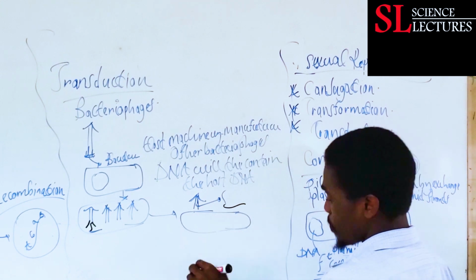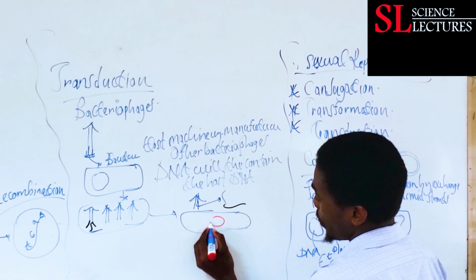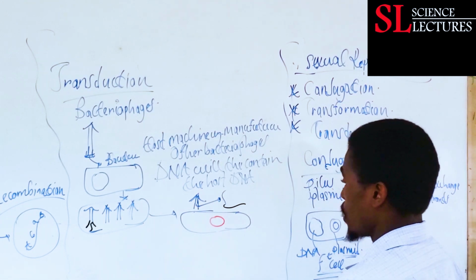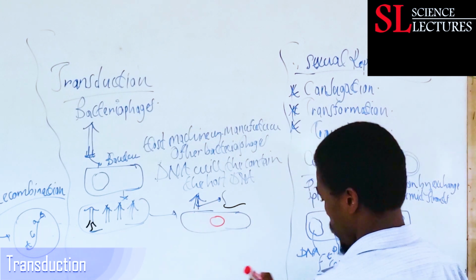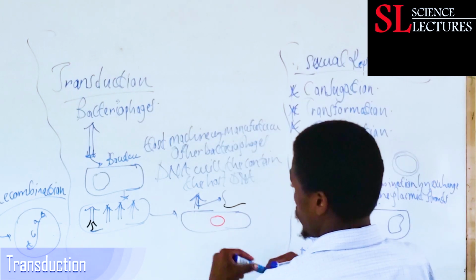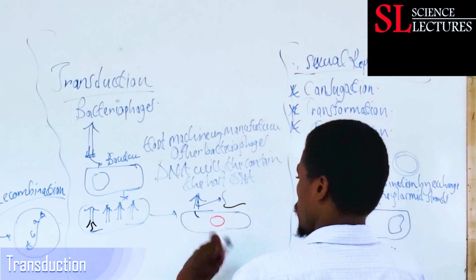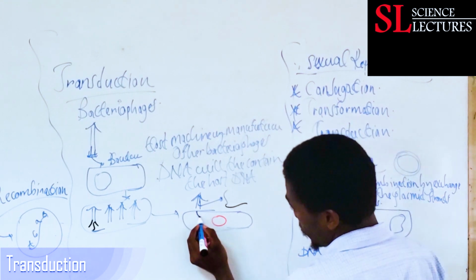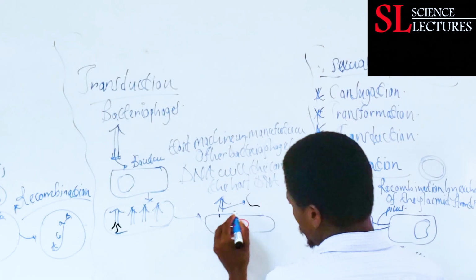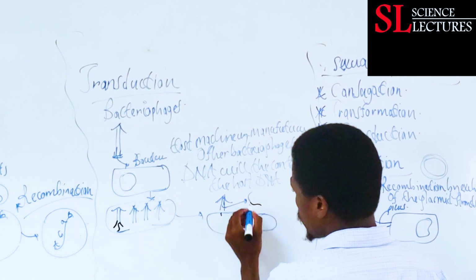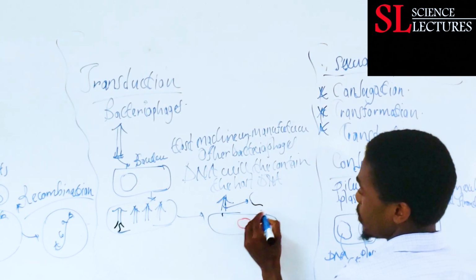Let's say this bacteria also has its own DNA inside there that is red. So when the bacteriophage brings in this DNA, the one which is both blue and black, this genome coming from the bacteriophage has the blue, then the black.